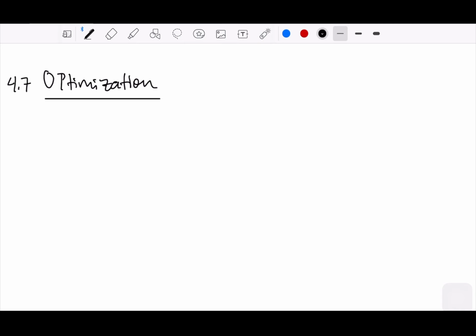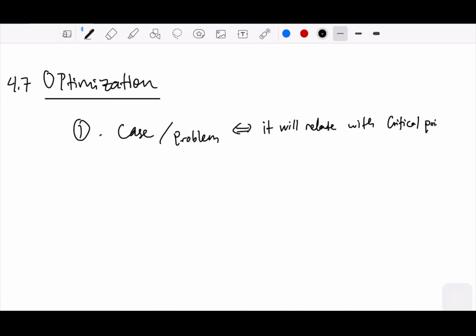So first, you will have a case or problem, and all the problems will relate with critical points, in which critical point means that f prime x, at least it should be 0, or f prime x doesn't exist. But the first is mostly what happens.